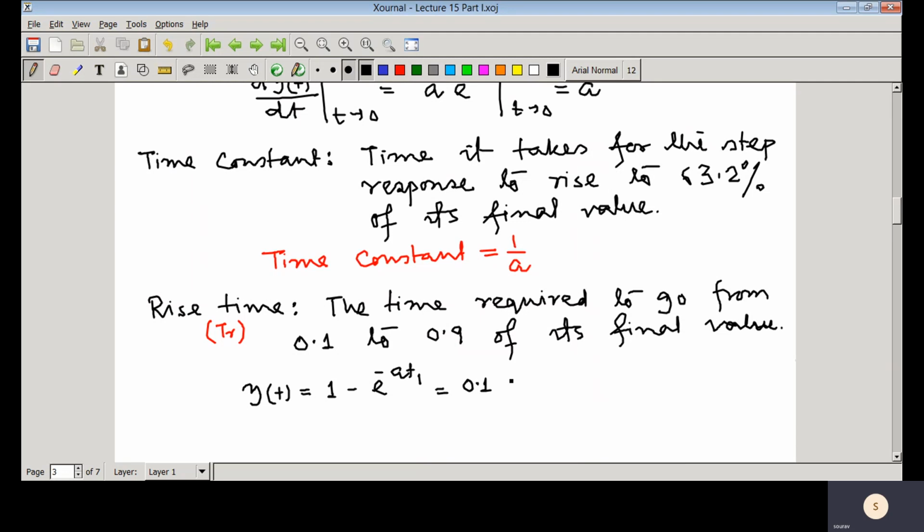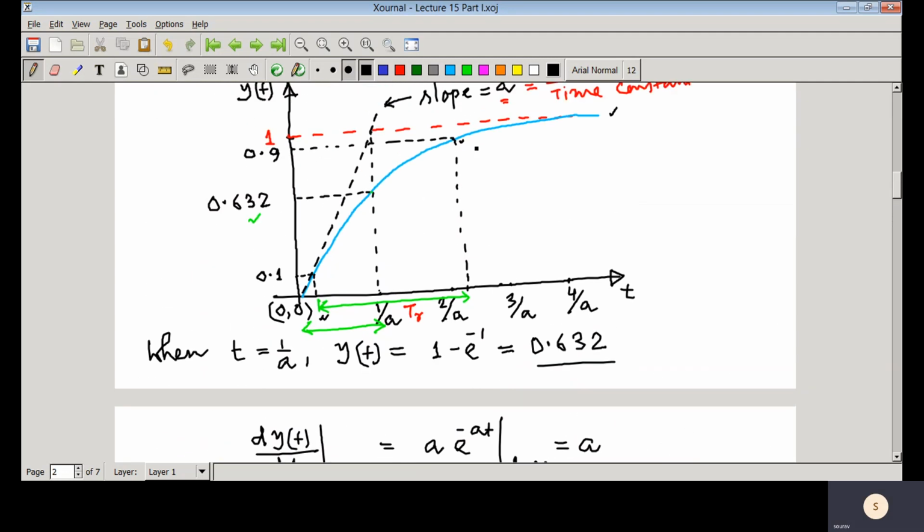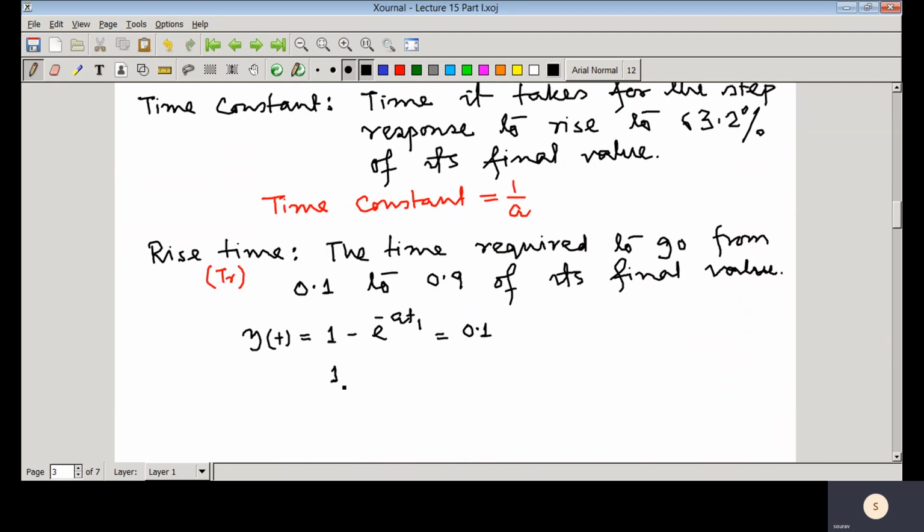Similarly, for the other one, 0.9, if we say that this is t2, then we can write that 1 minus e to the power minus a t2 equals 0.9.